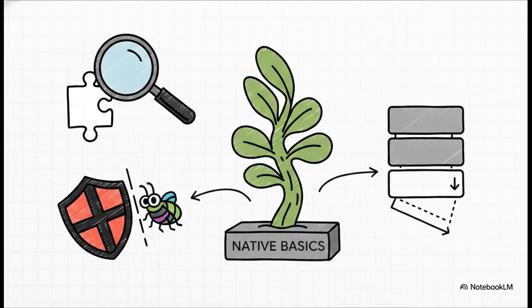HTML First is all about encouraging developers to leverage the incredible power that native browsers already have built right in. It suggests preferring vanilla or plain code over dragging in heavy external frameworks whenever you possibly can. Because look, by minimizing complex client-side state, we drastically reduce bugs. By staying close to the core web standards, we retain that classic ability to easily right-click and view source to debug our code.